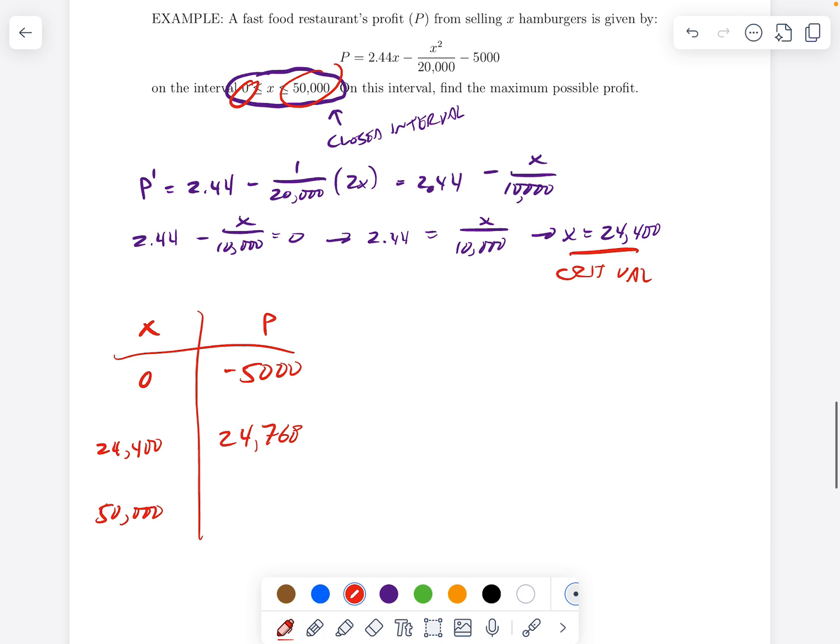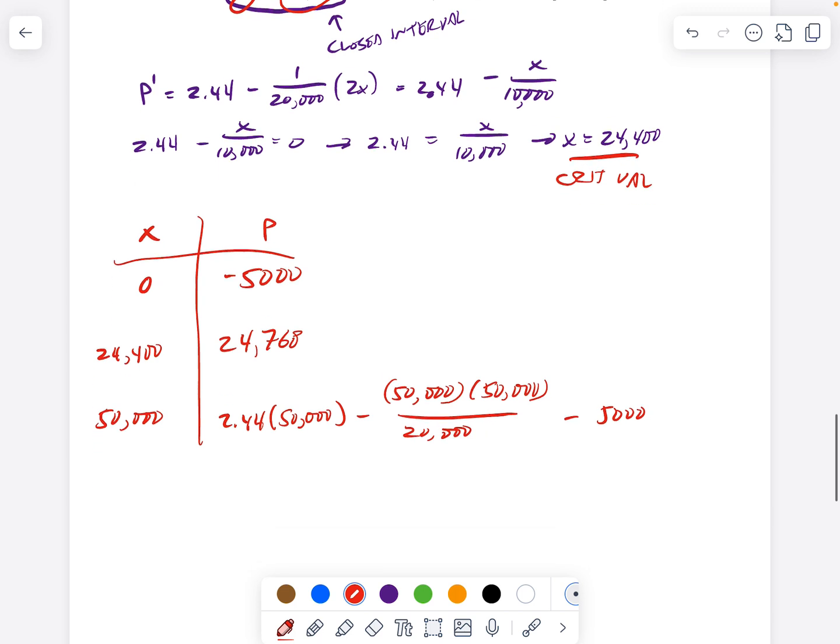And if I plug in 50,000, that would be 2.44 times 50,000. I'm doing this without a calculator, which is a really dumb idea. Minus 50,000 squared, which is 50,000 times 50,000 over 20,000, minus 5,000. So let's see what's going on here. I can cancel thousands.